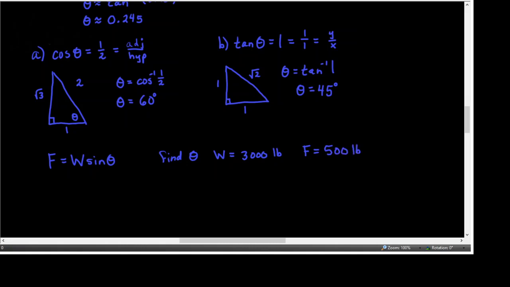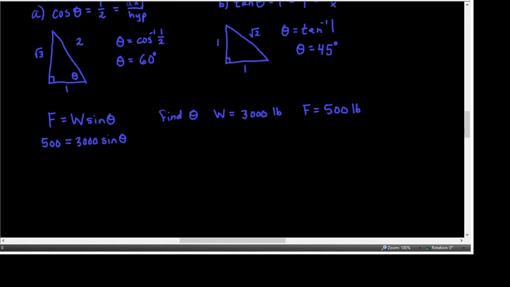Okay, well, since we have the formula and we've identified the values with the correct variables, substitution will say that we get 500 equals 3,000 times the sine of theta. I'll tell you that in solving trig equations, and this is one of the first ones we're seeing, the first thing you want to do is get the sine of theta by itself.